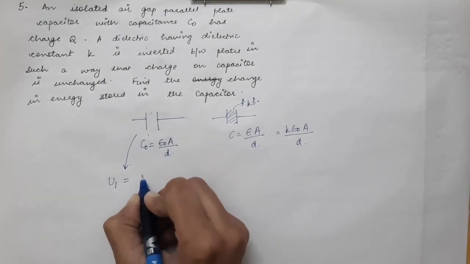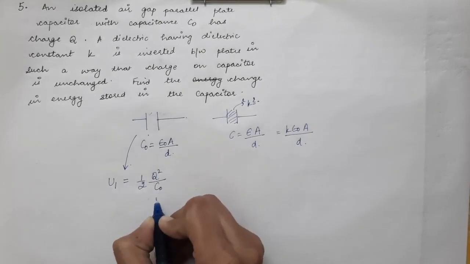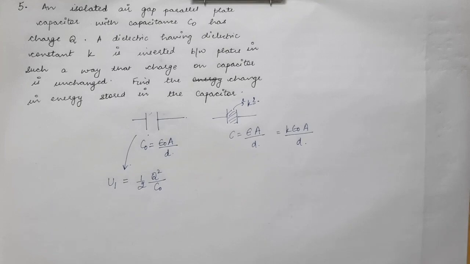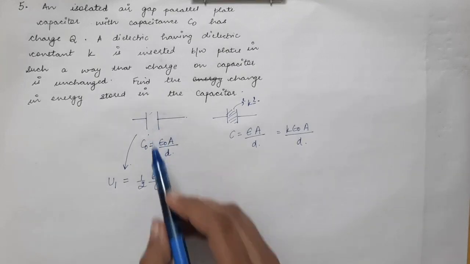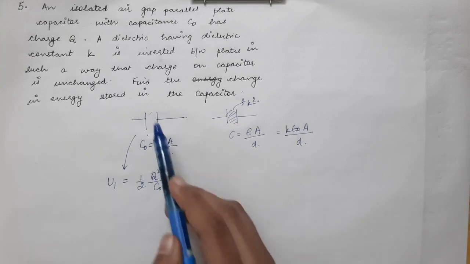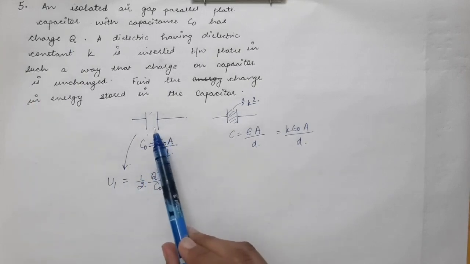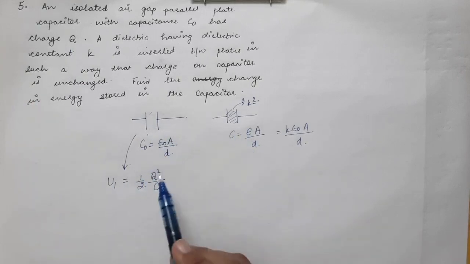It will be equal to half times Q square divided by capacitance. What is the capacitance? It is C0. So this is the energy which is stored in the first capacitor, and we use this formula of energy stored because we are given that charge on the capacitor remains constant and the only thing that changes is the capacitance. So we will use this formula of energy stored in the capacitor.